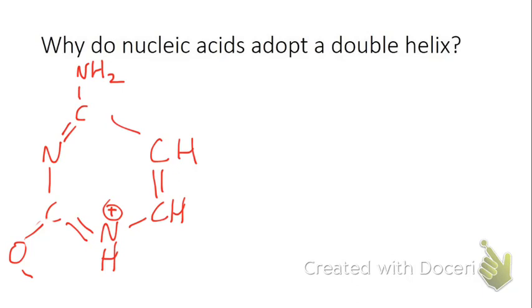But the key to this is the conjugated double bonds that we see in these nucleic acids. Look at your purines, look at your pyrimidines, make sure you can see it. Things that have conjugated double bonds lay flat. Flat as a pancake.